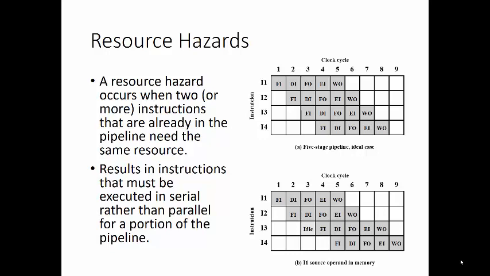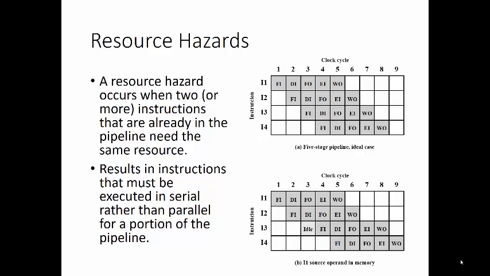In this case, an operand read or write from memory cannot be performed in parallel with an instruction fetch, and that's illustrated in the figure at the bottom, which assumes that the source of the operand is in memory rather than in a register. And that's where you see the idle come in. Therefore, the fetch instruction stage of the pipeline needs to idle for one cycle before bringing in the instruction fetch for instruction number 3.